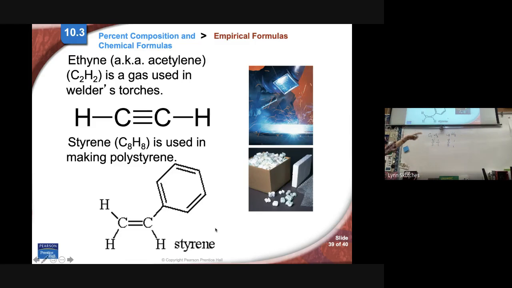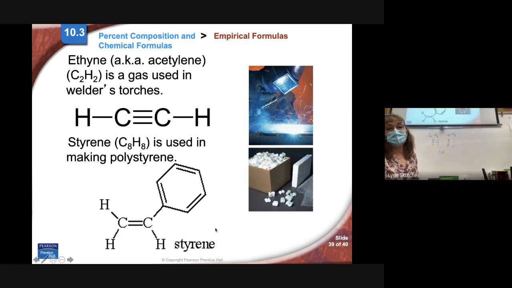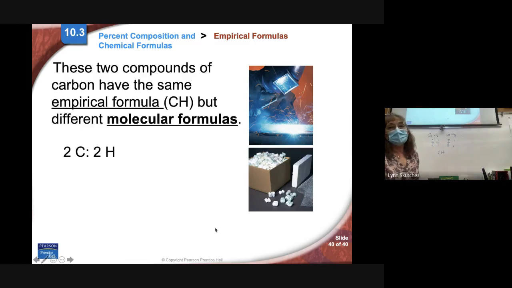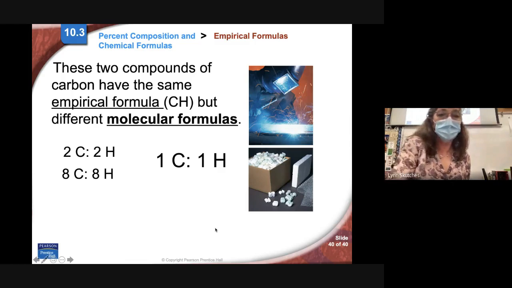And so for every carbon, there's a hydrogen. And they have the same empirical formula, but they have different molecular formulas. One's a gas and one's a liquid, and then they puff it up with carbon dioxide. I used to use chlorofluorocarbons to make styrofoam. All right. Different molecular formula, same empirical formula. All right, I'm going to stop right there if that's okay.